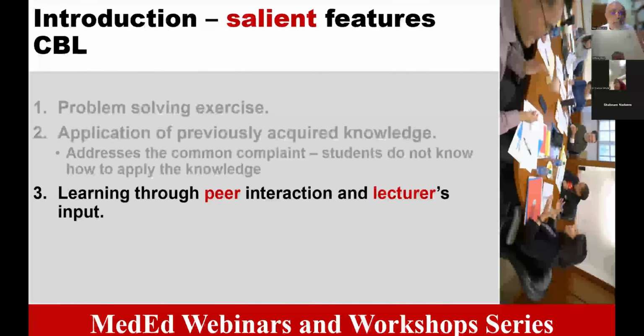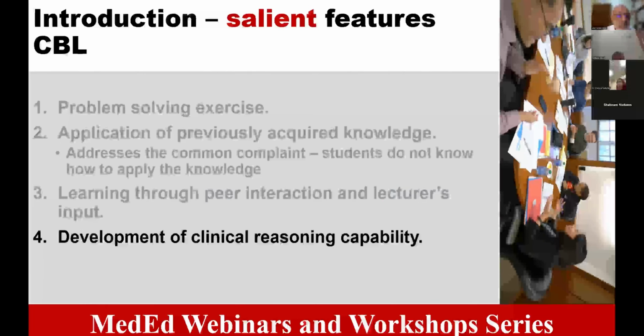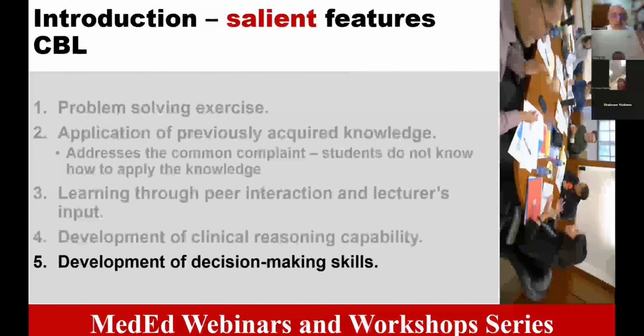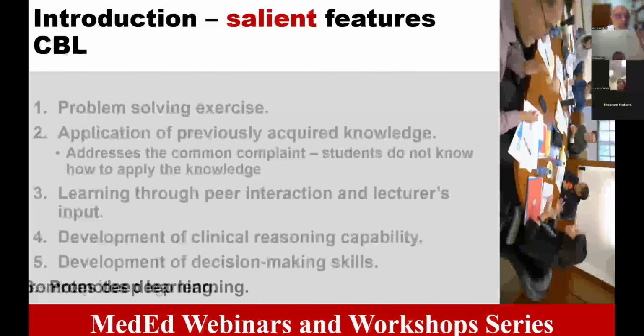Number 3, learning through peer interactions and lecturers' input. So there is a lot of discussion among the students, and wherever necessary, there would be input by the lecturer. And of course, during this process, they develop clinical reasoning capability and decision-making skills, and it promotes deep learning. These are the salient features, very important features of case-based learning.